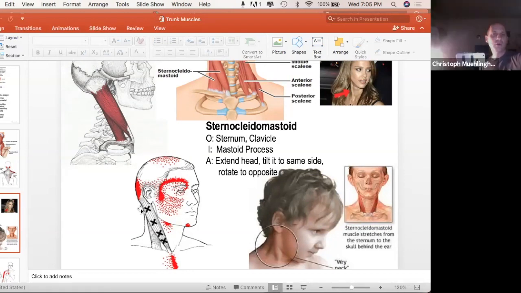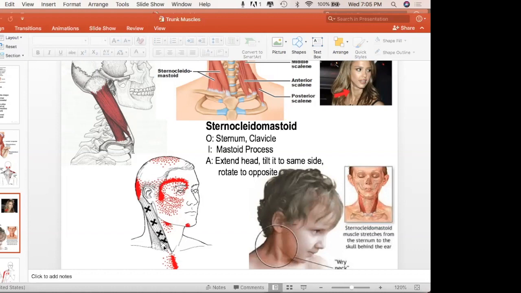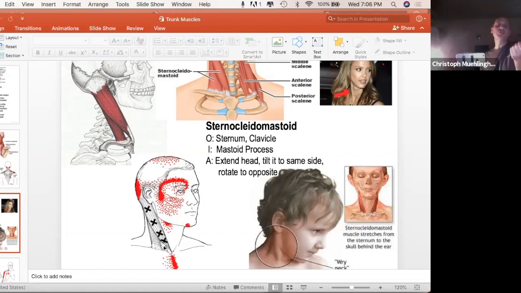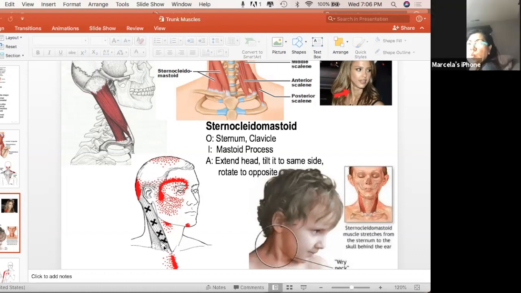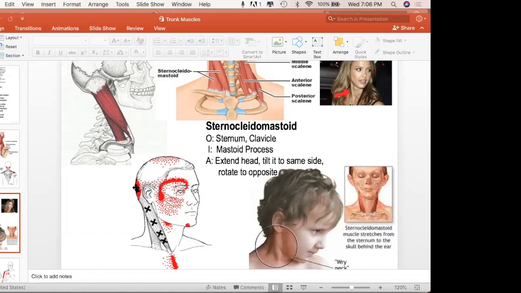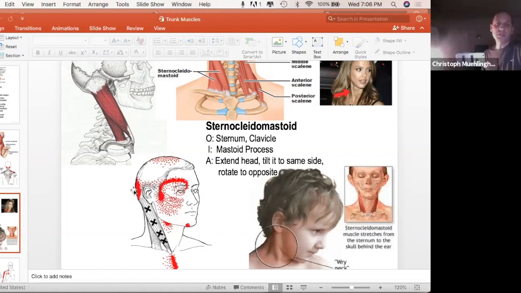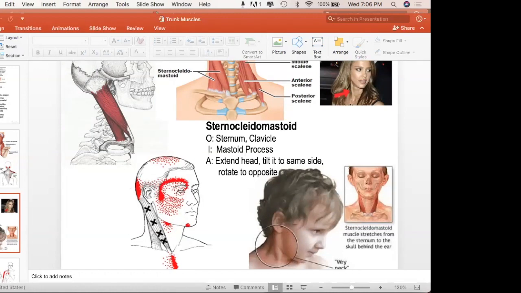So the red areas are the pain areas, and the X's in the muscle are places where, if you squeeze the muscle, you squeeze the blood out of it. You don't squeeze it really hard. You squeeze it gently and slowly, going deeper and deeper slowly. And then the muscle squeezes out, and you can release a lot of these pains in people. So that's why I put these pictures in for every muscle that I found.